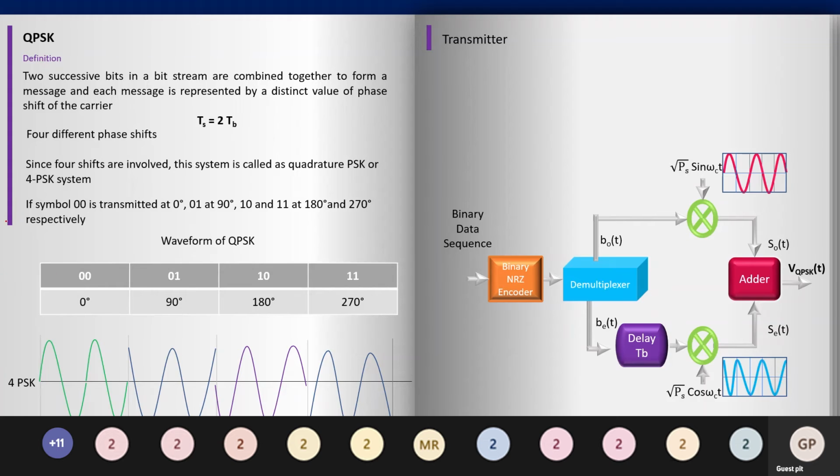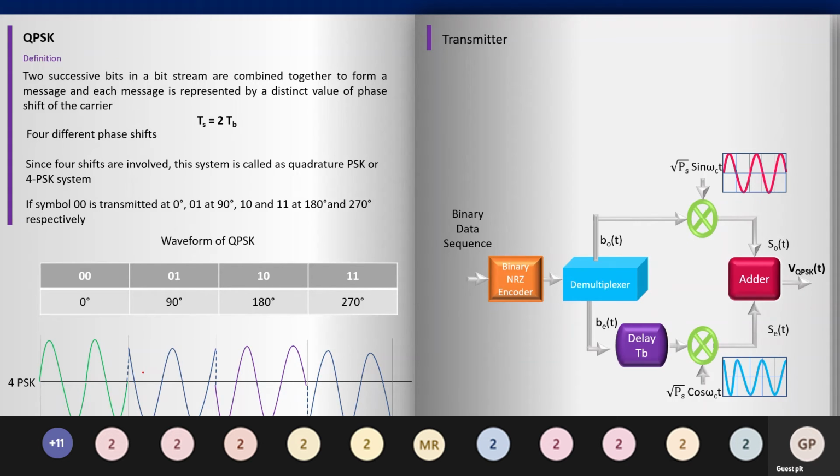As you can see here, there is a discontinuity. Here also there is a discontinuity.